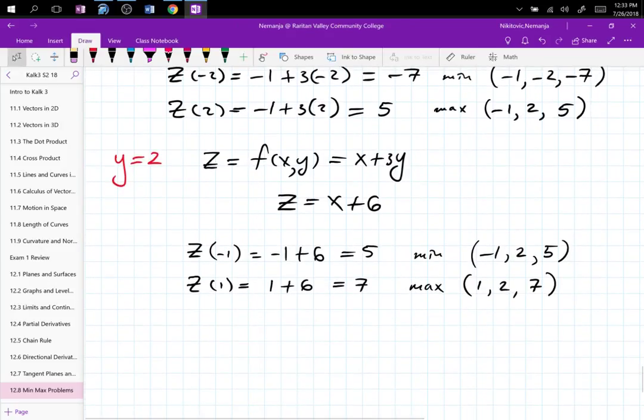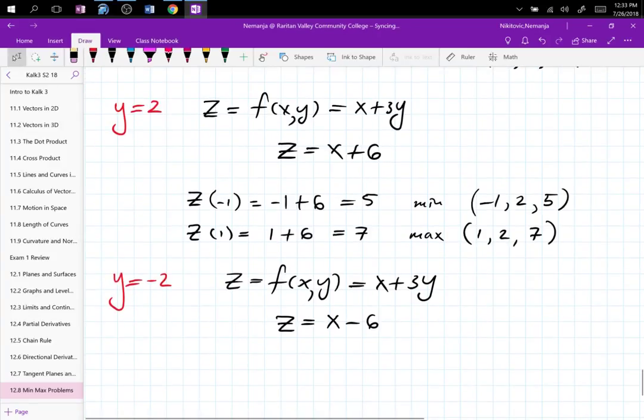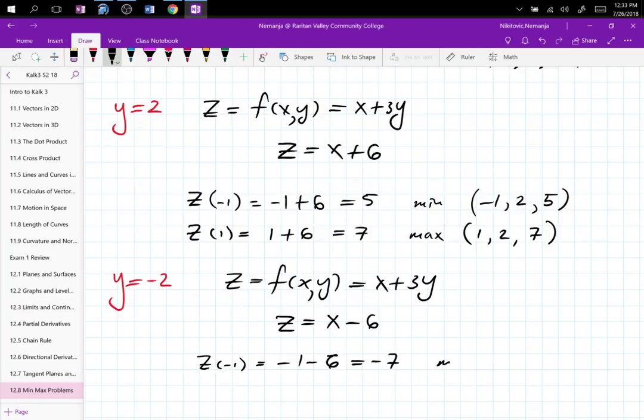The final calculation is the fourth side, y equals -2. When you have y equals -2, your equation z equals f of x,y will become z equals x minus 6. And now we have z at -1, which would be -1 minus 6, which is -7. That is going to be minimum eventually.